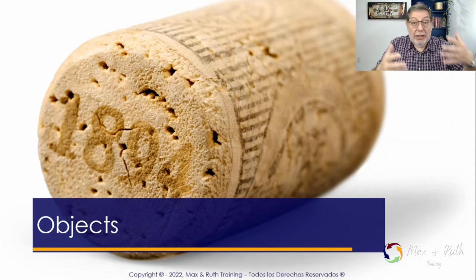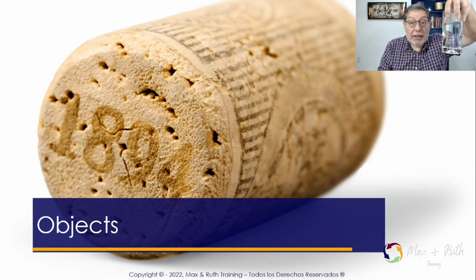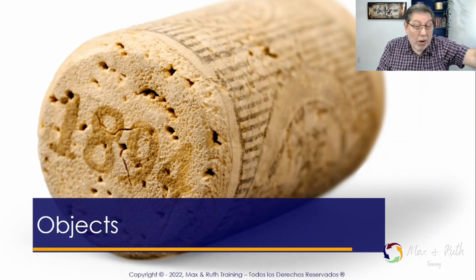Or an apple, or a glass of water, or whatever object you have with you that is related to your topic. You can bring those objects into your classroom or into your online session and use them to reinforce and to support what you're saying.